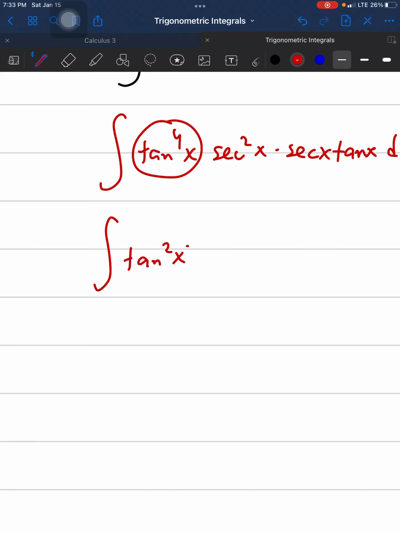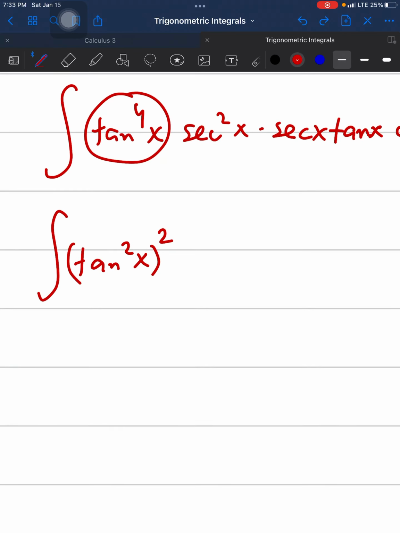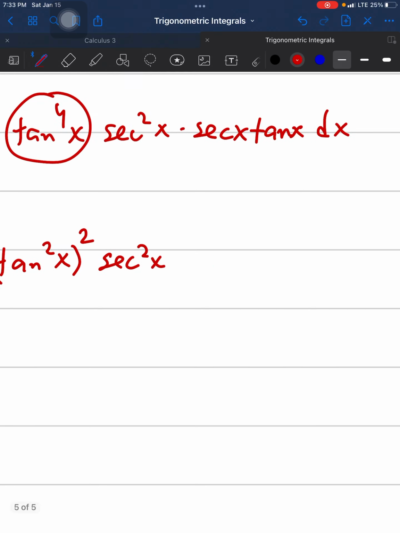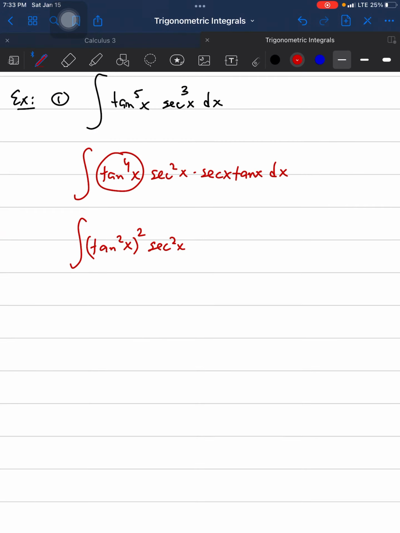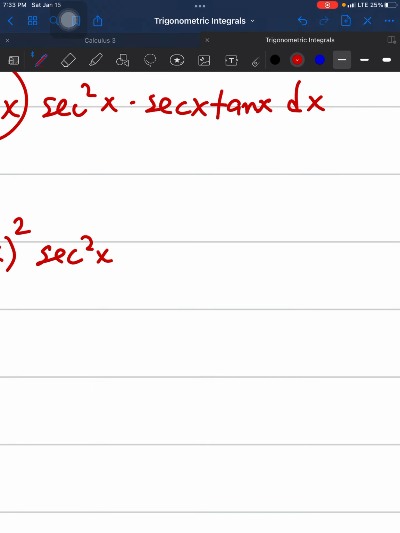We could rewrite this as tangent squared x, squared, because if you square tangent squared x, you get this right here. So this is what we're going to rewrite it as, and then we're going to keep secant squared x the same way, because we want everything in terms of secant.